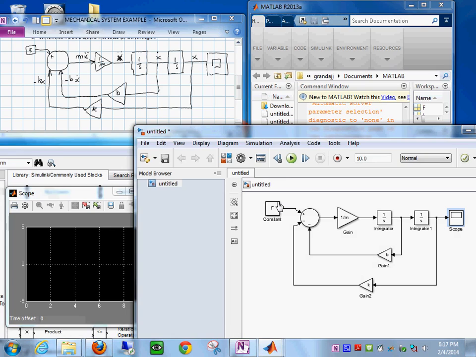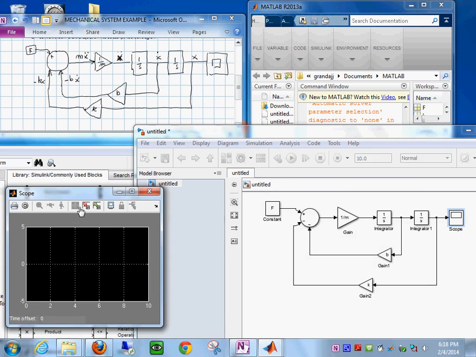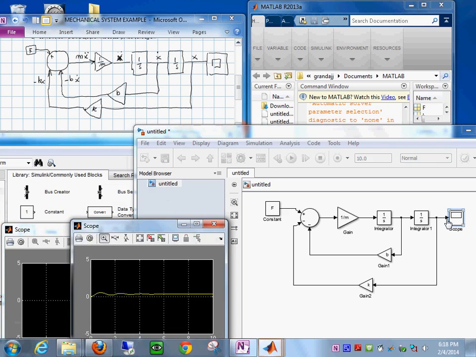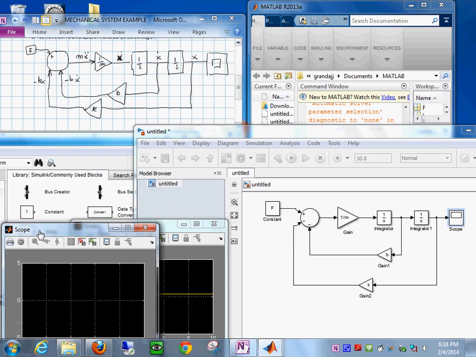Hopefully we didn't make any mistakes, and we should see something, and we actually don't. What happened here? This was the one for here, wasn't it? Oh no, it was the other one.